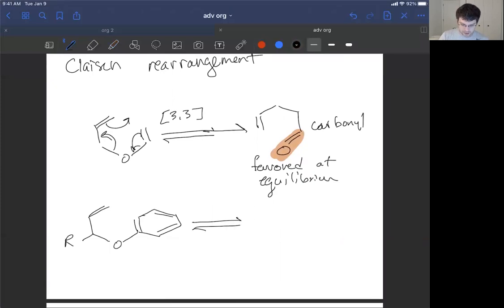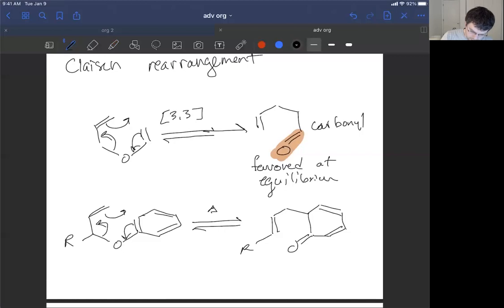And if you apply heat, this reaction does not have as strong of a thermodynamic driving force, at least initially, because we have to break aromaticity for this reaction to occur.